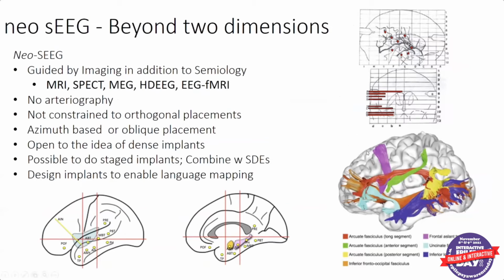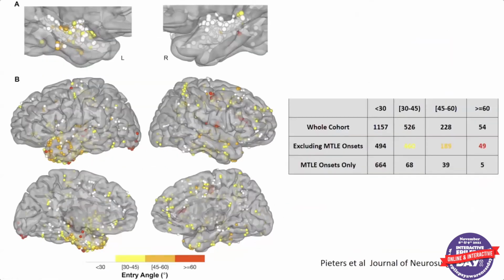And this is especially relevant in the evaluation of deep lesions such as PVNH, where the long axis of the lesion might be along the long axis of the ventricle, and therefore much better sampled by electrodes coming in along the long axis rather than orthogonal to brain surface. And we've also shown recently that such sampling allows us to detect foci that might otherwise be impervious to traditional orthogonal implantations.